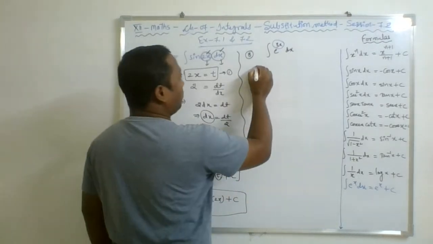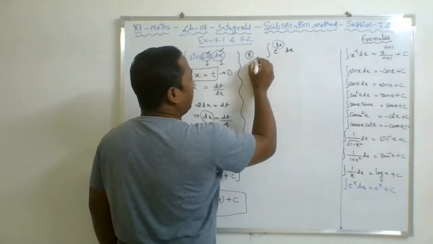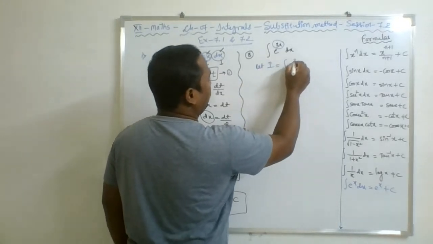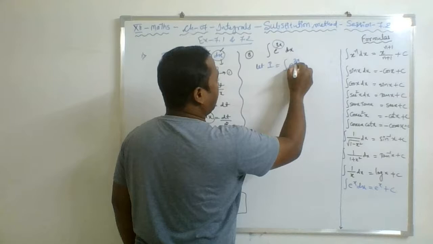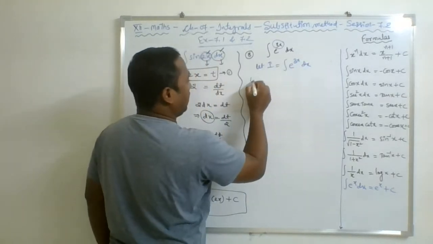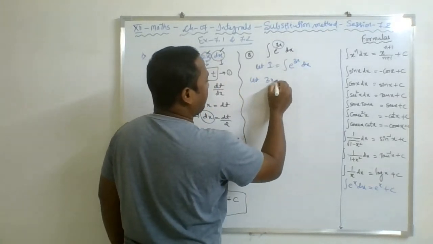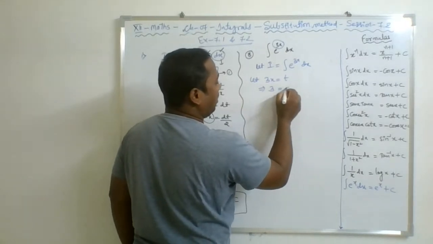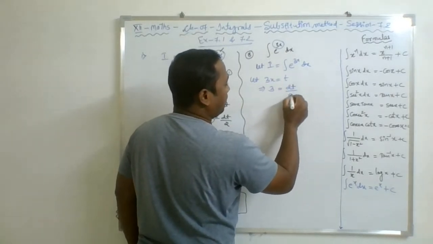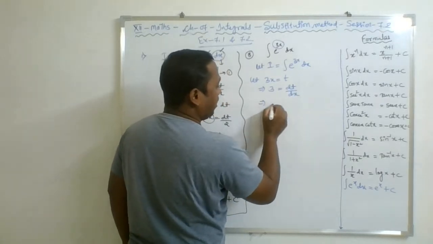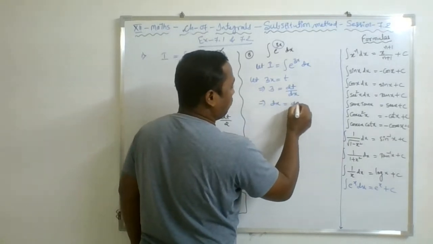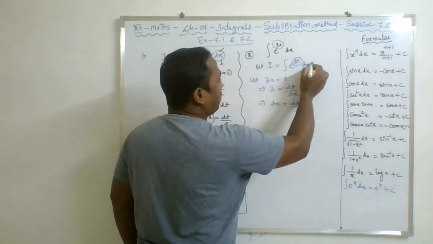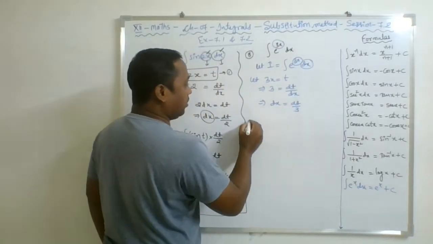It also serves better. So let, first of all, the question I is equal to e to the power of 3x dx, and then let 3x is equal to t. Then the derivative of 3x is 3, the derivative of t is dt by dx, hence dx is equal to dt upon 3, and then change 3x as well as dx in the question.